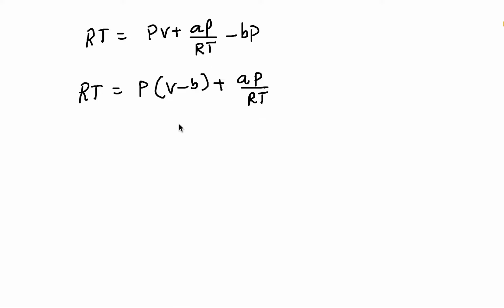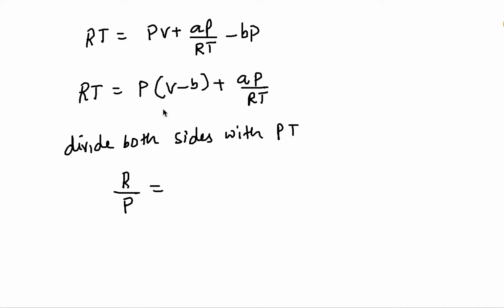So now let's divide both sides with PT. So RT over PT gives R over P, which is equal to, dividing this cancels out P here, and we get V minus B over T plus AP over RT times PT, and P cancels out, we get A over RT squared.